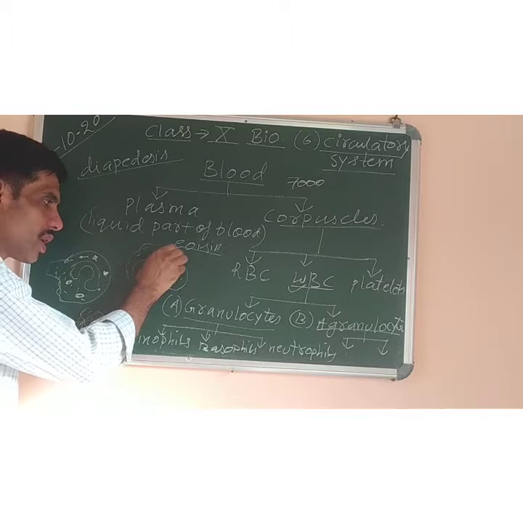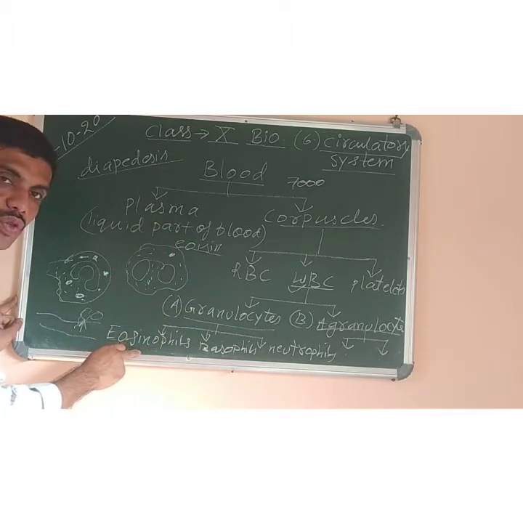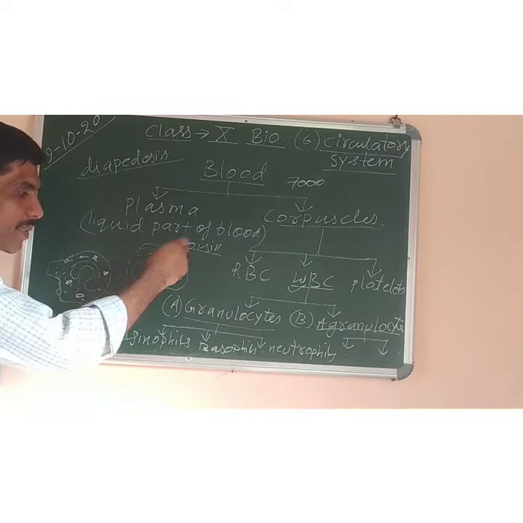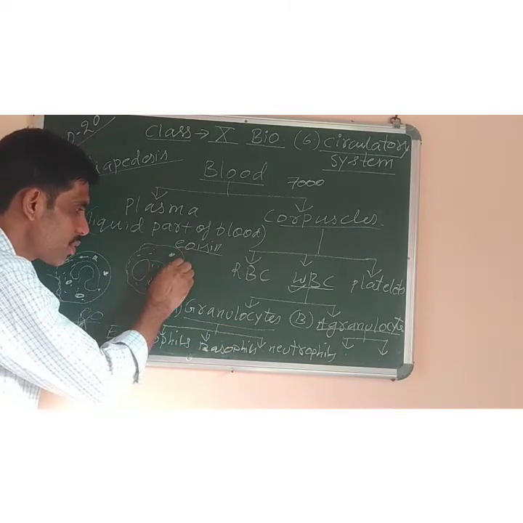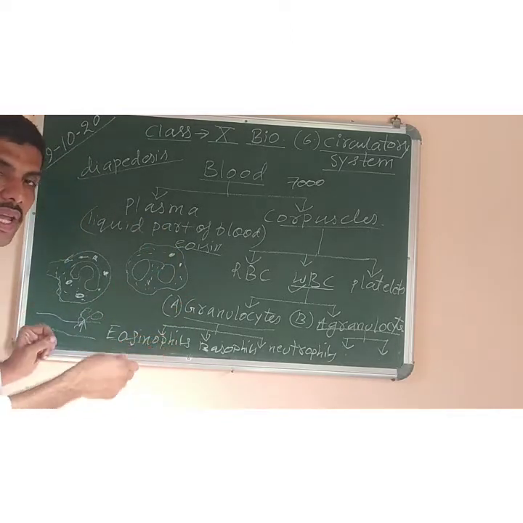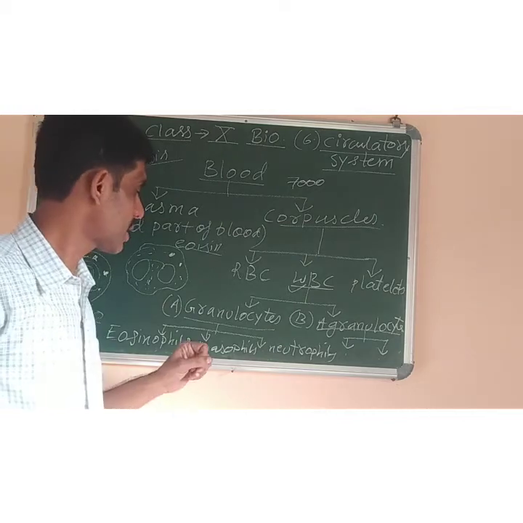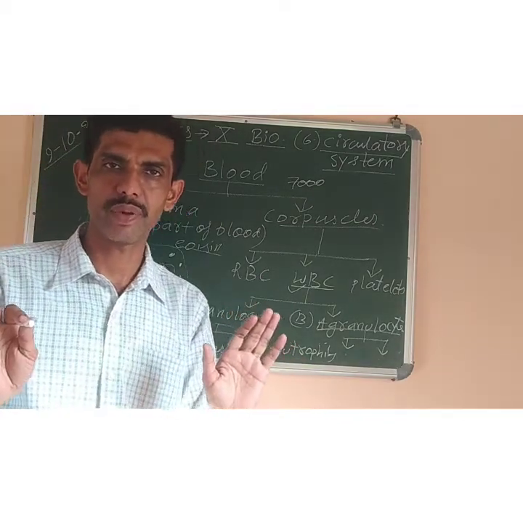If these granules are colored with acidic dye, they are called eosinophils. If they can pick up color with basic dyes, they are called basophils. But if these granules are unaffected by acidic or basic dyes, that is called neutrophils. Neutral means I am not reactive to acidic or basic dyes.